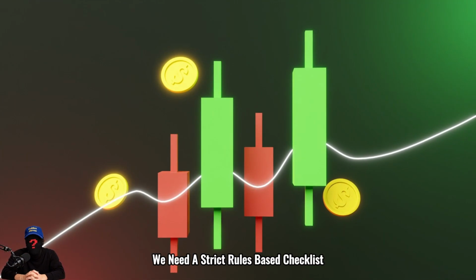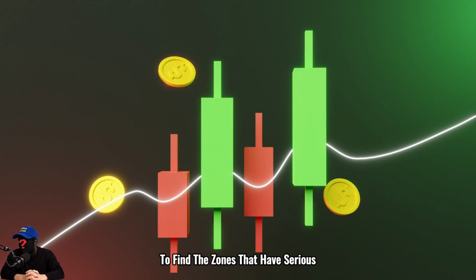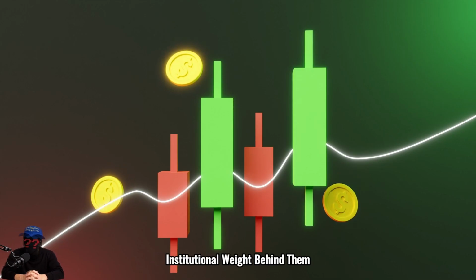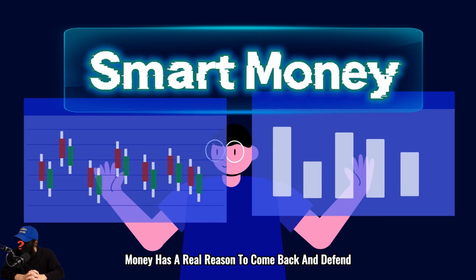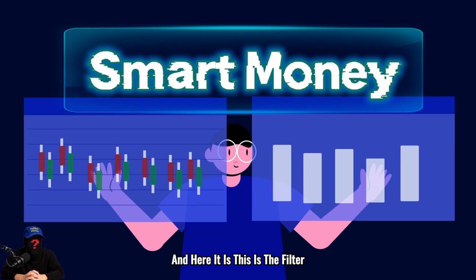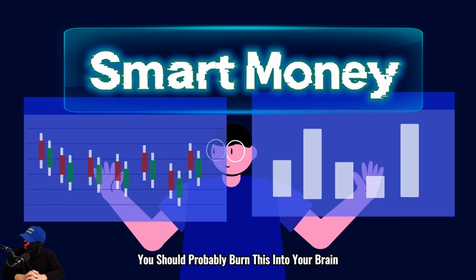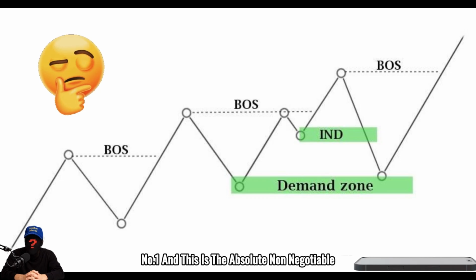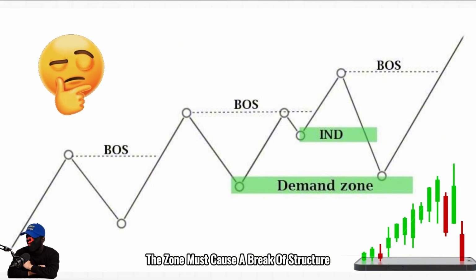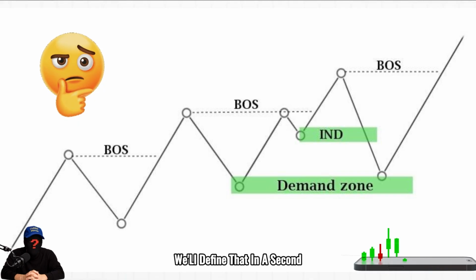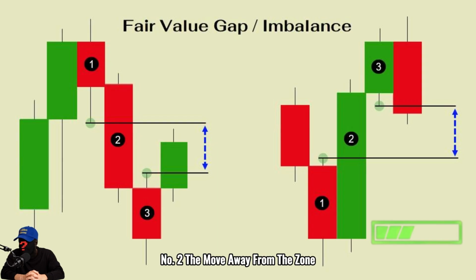We need a strict, rules-based checklist to find the zones that have serious institutional weight behind them. The levels that smart money has a real reason to come back and defend. And here it is. This is the filter, you should probably burn this into your brain. Number one, and this is the absolute non-negotiable, the zone must cause a break of structure. We'll define that in a second. Number two, the move away from the zone has to show a strong imbalance.